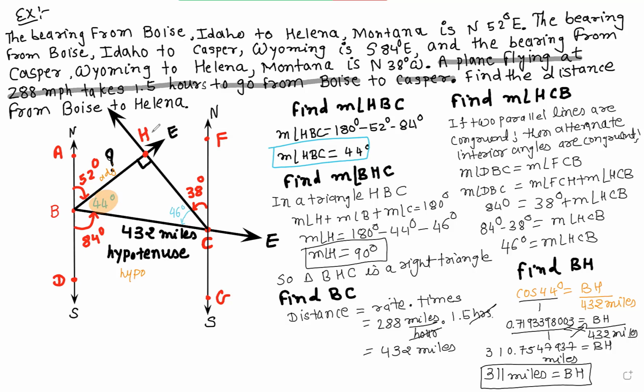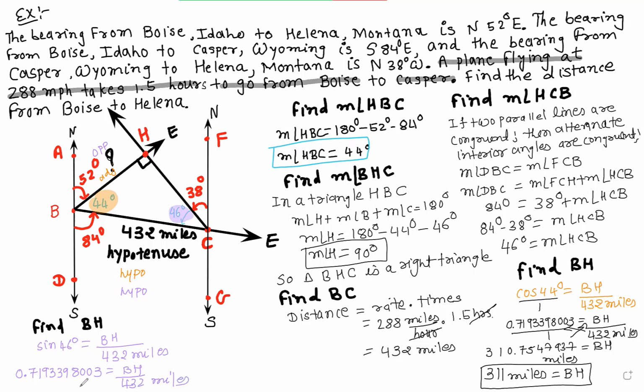Now let's say somebody says, I would like to use this particular angle. Then you have to use sine, because now this becomes your opposite side and this becomes your hypotenuse. So please check it out. And if you decided for some reason to find your BH that way, then you use sine 46 degrees equals BH over 432 miles, the hypotenuse. Sine 46 degrees, the answer will be the same as this one, 0.7193398003.